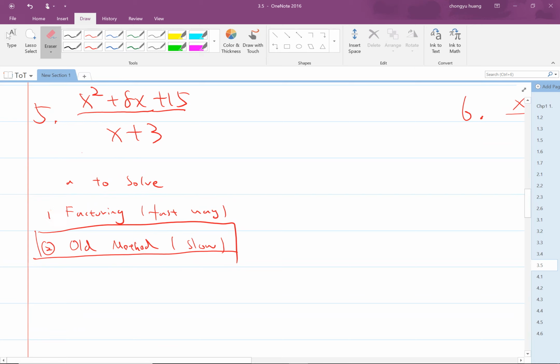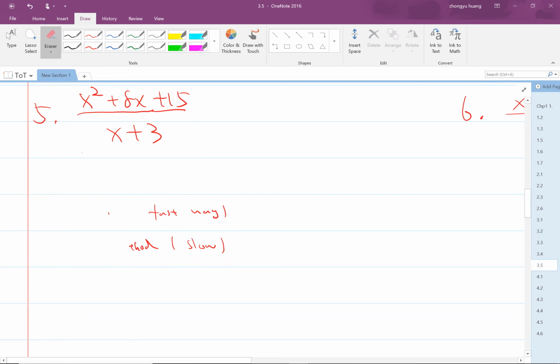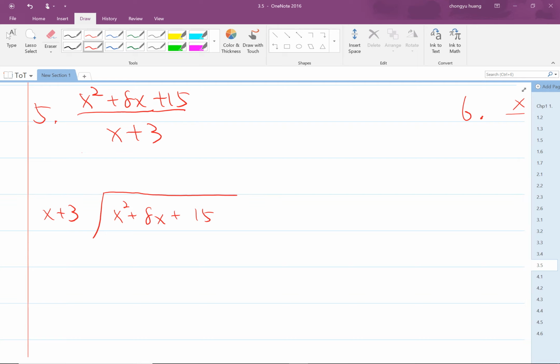I think you already see this part, so I'm just going to erase it. Basically the old method, you have to write it down in this kind of way. So the old method is you try to divide, right? That's exactly how you divide things.